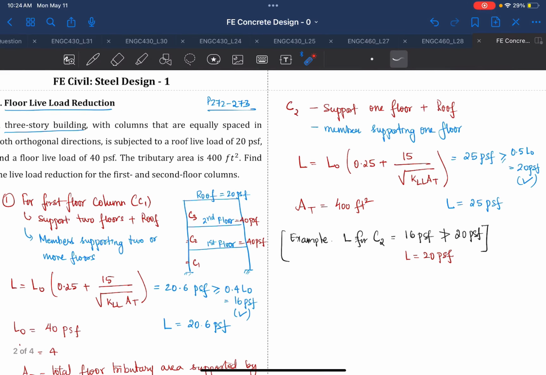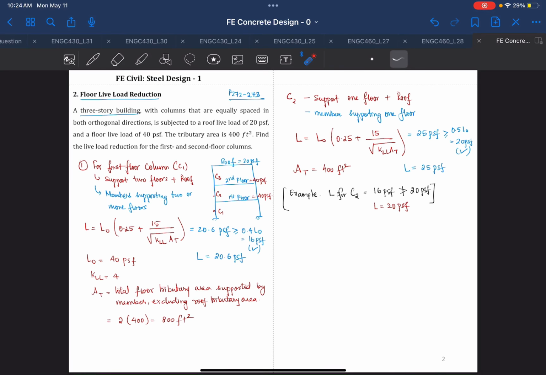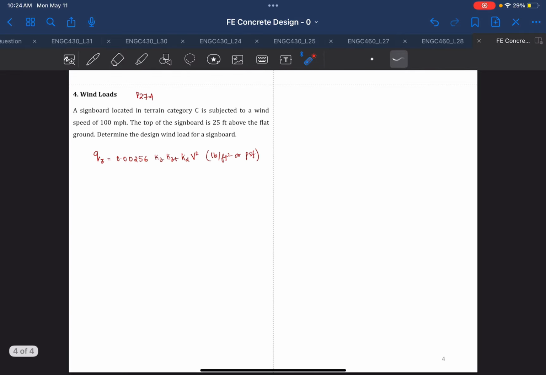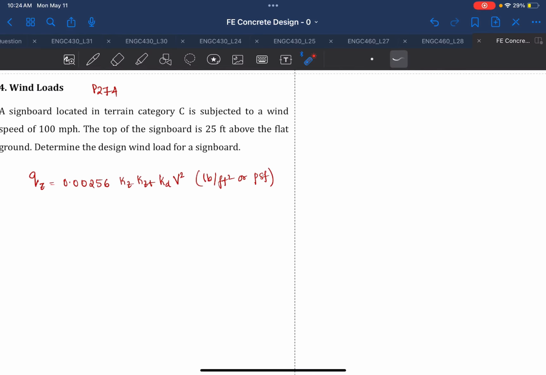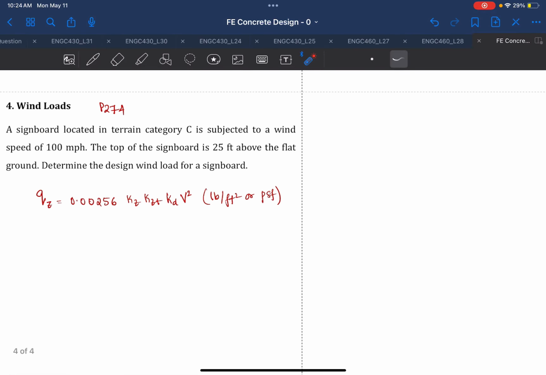And in your previous calculation for floor live load reduction, L0 is PSF and AT is feet square, so your total floor load reduction also will be PSF. So please pay attention to the unit that is given to you. That's the only thing you have to pay attention to in the formula. When you use a formula from your FE manual, you should pay attention to the units.